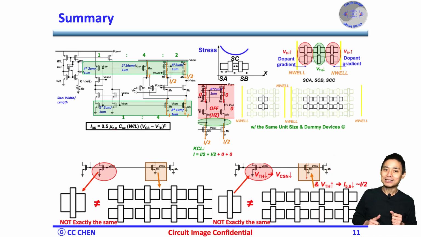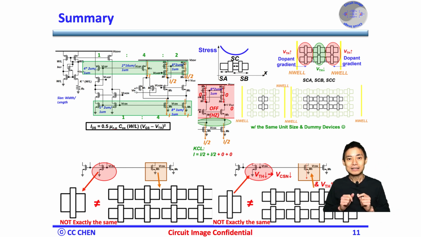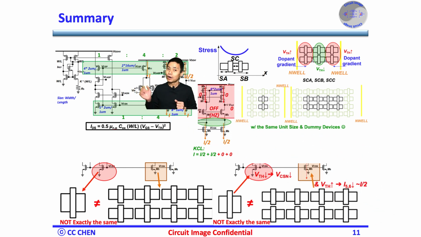Here is the summary of why we must apply good layout matching, the same unit size and dummy devices. We start with an OTA and its bias in the design exercise. All the mirroring ratios in the total channel width and length are perfectly matched in the schematic. So, it looks like a great design.